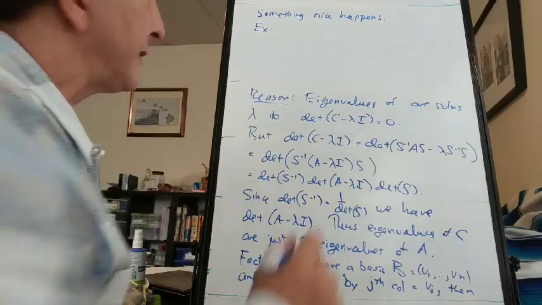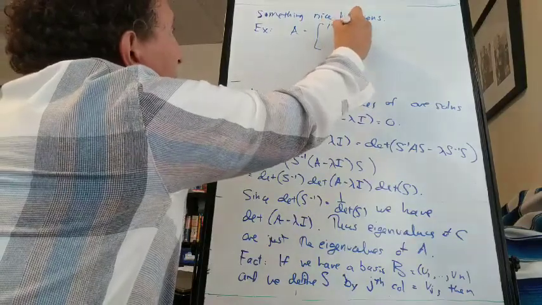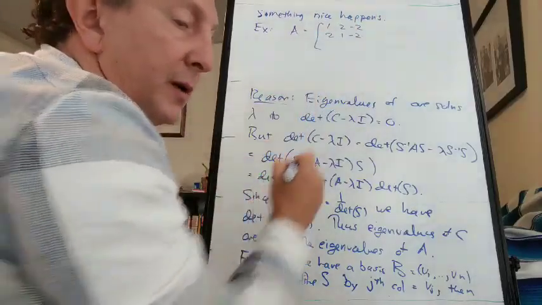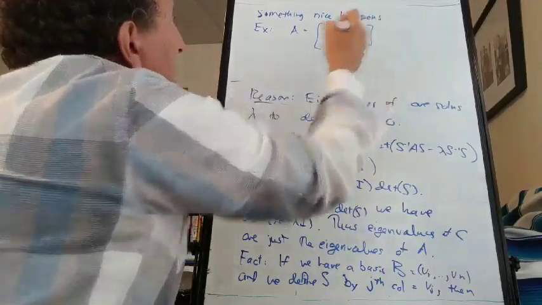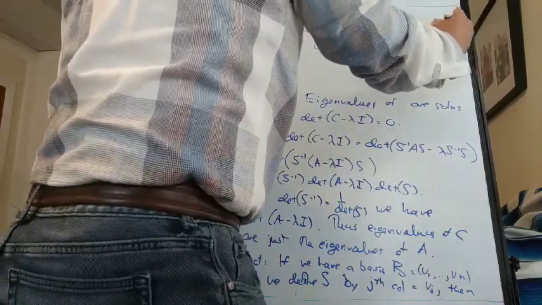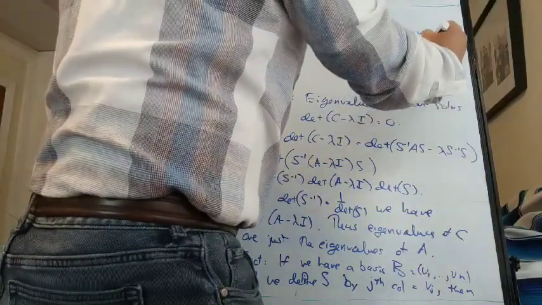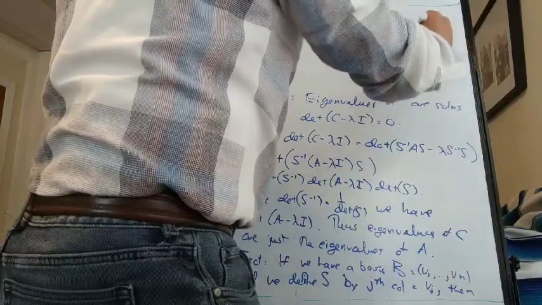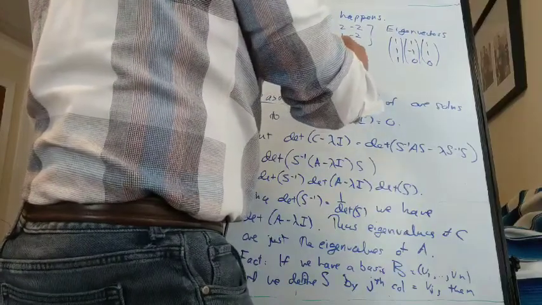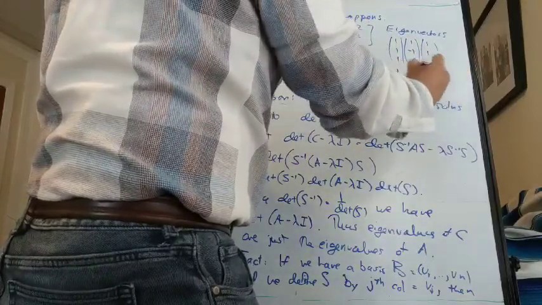So for example, let's choose a matrix A that we looked at already: 1, 2, negative 2; 2, 1, negative 2; 0, 0, 1. We looked at this a couple of videos ago. It has eigenvectors (1, 1, 0), (1, negative 1, 0), and (1, 1, 1), corresponding to eigenvalues 1, negative 1, and 3.